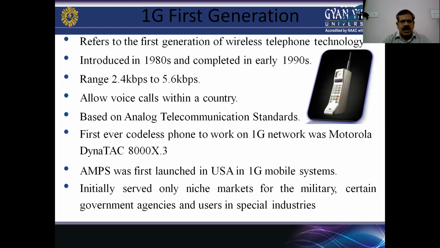It is based on an analog telecommunication standard. The first ever cordless phone to work on the first G network was the Motorola DynaTAC 8000X, and AMPS was first launched in the USA in the first G mobile system.